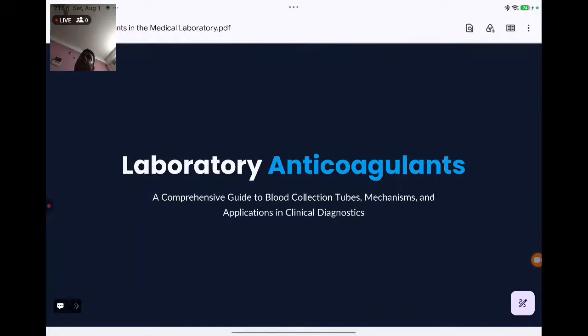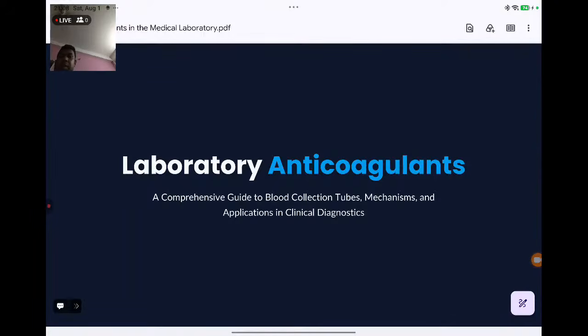so I will start this session with great enthusiasm, and I wish you will get a good understanding of anticoagulants after the end of this session. So first, what are anticoagulants?